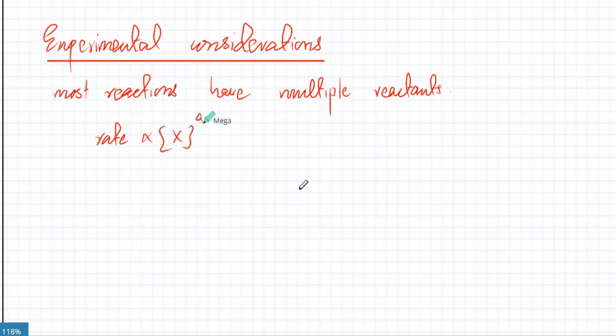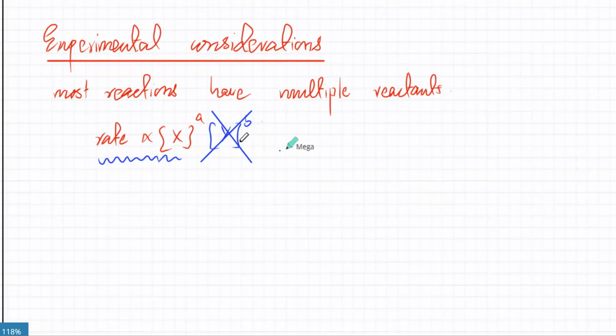I want to plot this relationship, but the rate is also dependent on this other thing, which is Y. And the problem is that as the reaction proceeds, the concentration of the other reactant will also decrease, right? Like if X is decreasing, then Y would also decrease. So now we have a problem. How do I make the rate change with X only and keep Y constant?